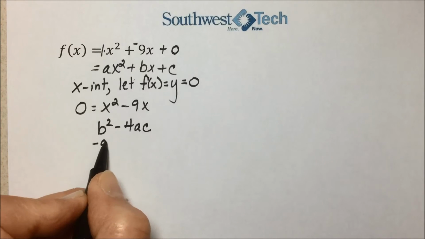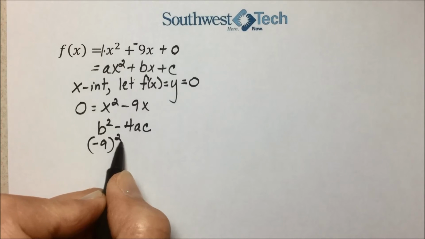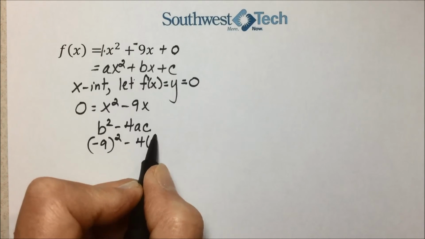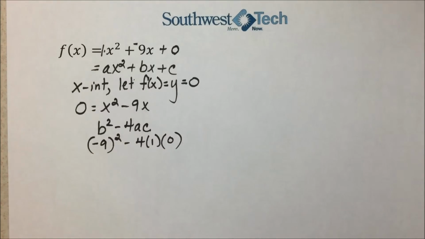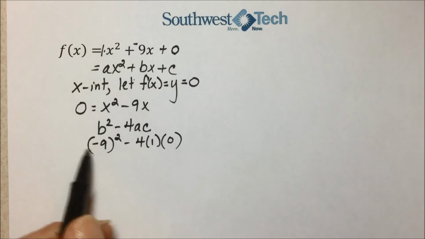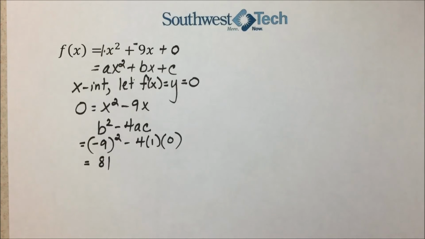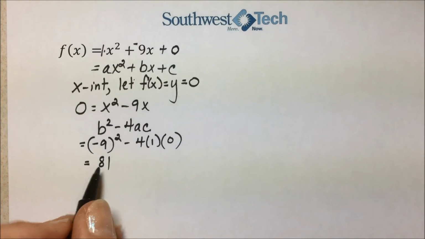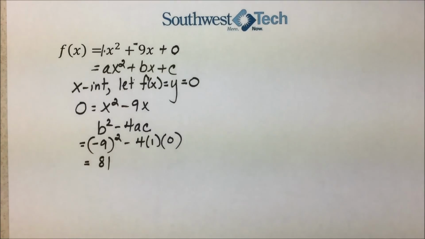B being -9, we'll square it, minus 4 times a times c, which is 0. We end up with nothing being subtracted, but simplifying, -9 squared is 81. This is a perfect square, which is 9, meaning that we can use factoring to solve this.